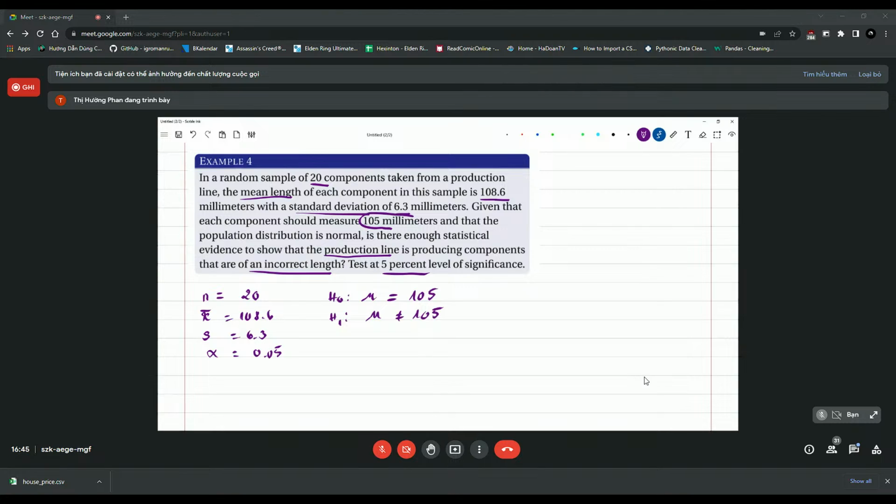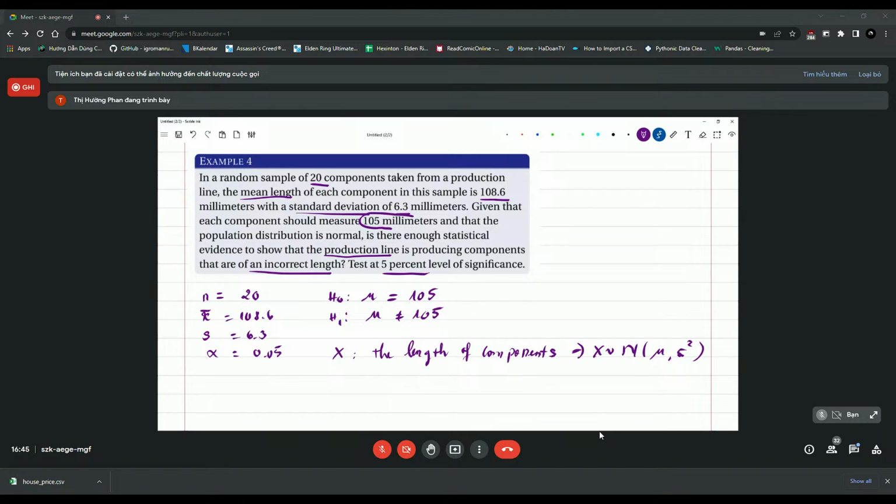Okay. Now, we have the assumption that the population distribution is normal. So I write, if I indicate X is the length of components, the length of components. Hence, we have the assumption that X bar follows a normal distribution with the mean mu and the variance sigma square.